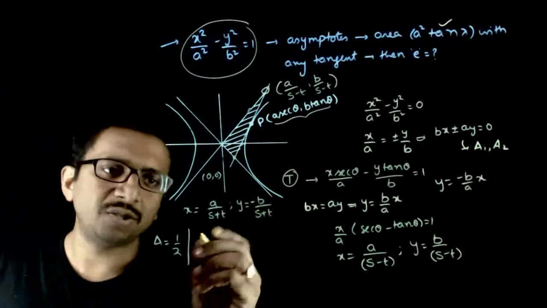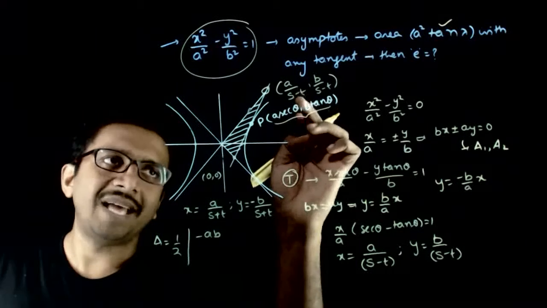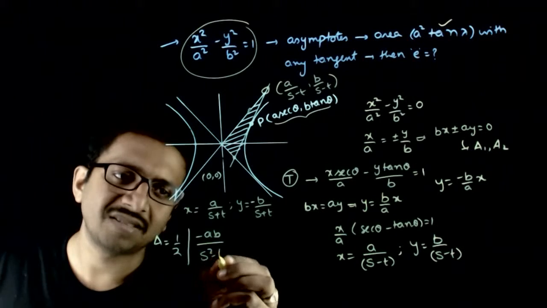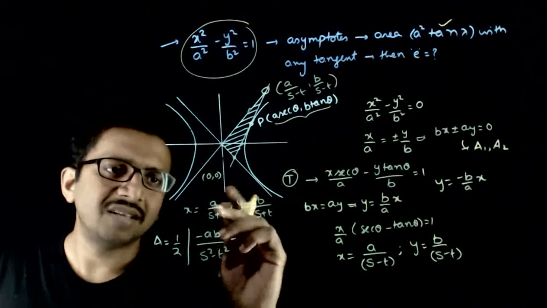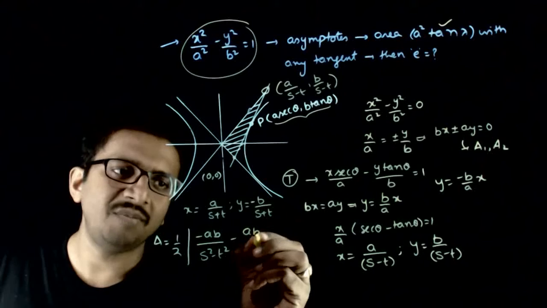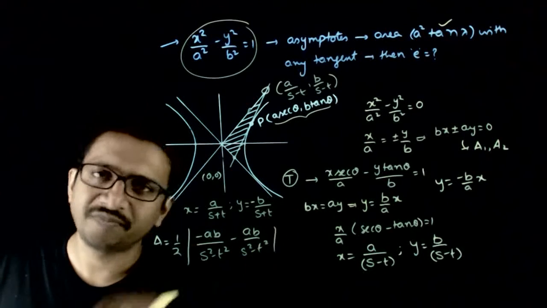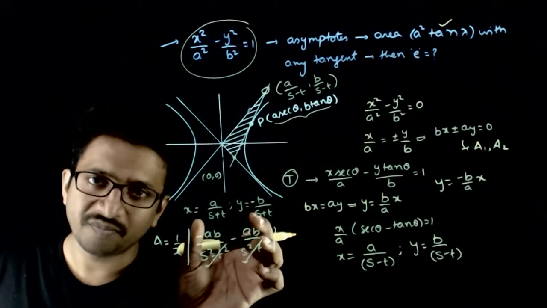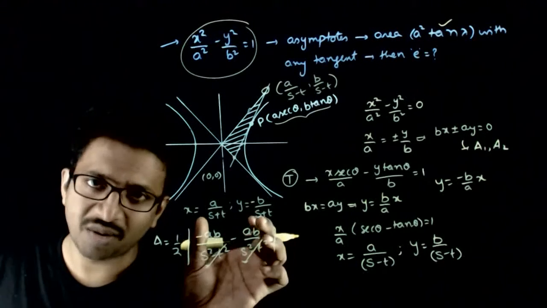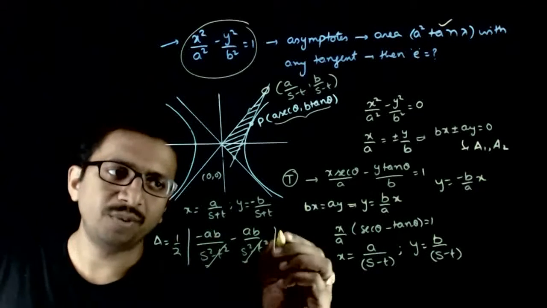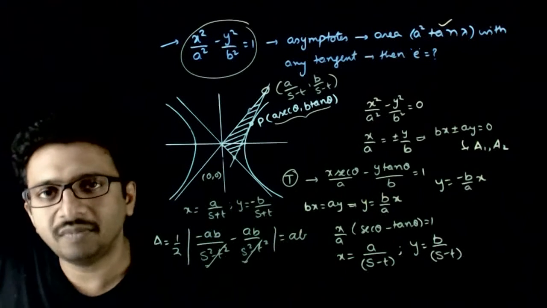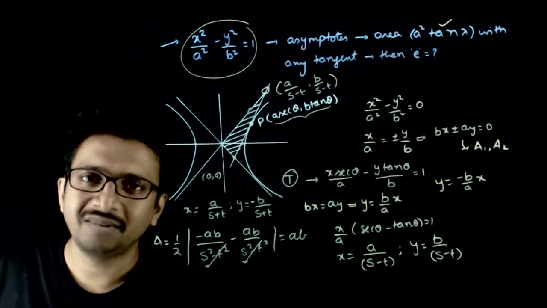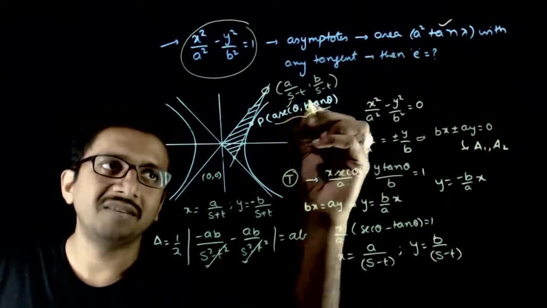If I multiply these two, minus ab by s plus t into s minus t, which is s square minus t square, minus another ab by s square minus t square. You know that s square minus t square is equal to 1. So this is 2ab, and once you take the modulus, the minus gets cancelled. So 2ab by 2 is nothing but ab. So the area of this triangle is always equal to ab, wherever the tangent is. It doesn't depend on theta.